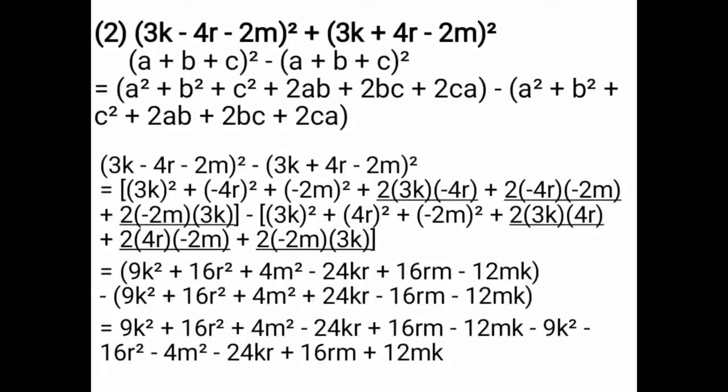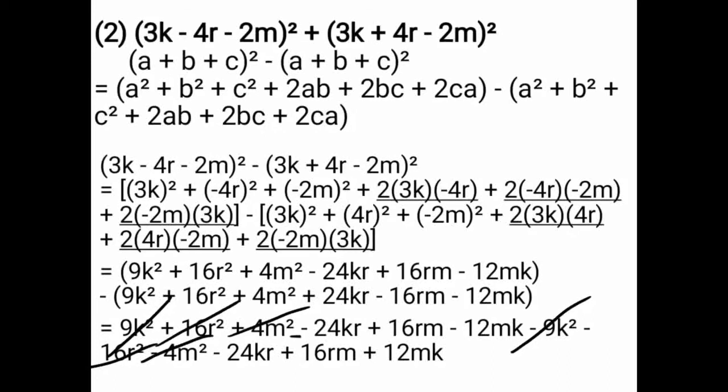Now you have to solve the like terms which are equal. 9k² minus 9k² get cancelled because 9 minus 9 is 0. Plus 16r² minus 16r² get cancelled. Your plus is there and your minus is there. Plus into minus is minus. 16 minus 16 is 0. Plus 4m² minus 4m² get cancelled because 4 minus 4 is 0.